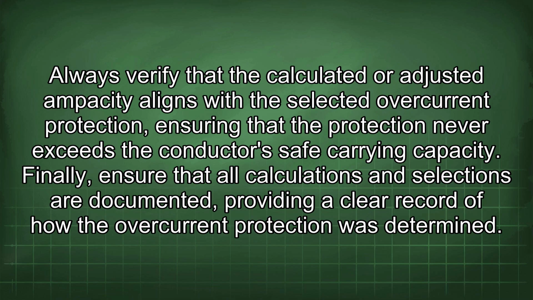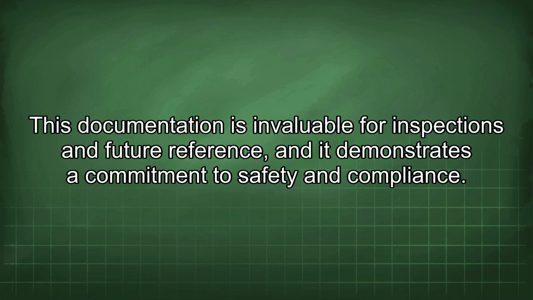Always verify that the calculated or adjusted ampacity aligns with the selected overcurrent protection, ensuring that the protection never exceeds the conductor's safe carrying capacity. Finally, ensure that all calculations and selections are documented, providing a clear record of how the overcurrent protection was determined. This documentation is invaluable for inspections and future reference, and it demonstrates a commitment to safety and compliance.